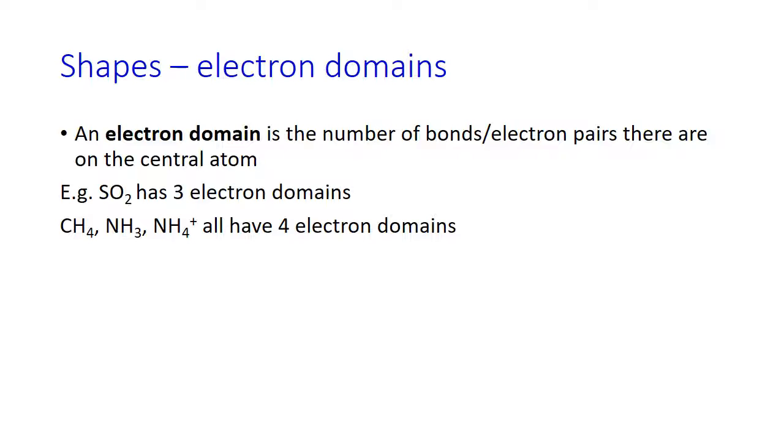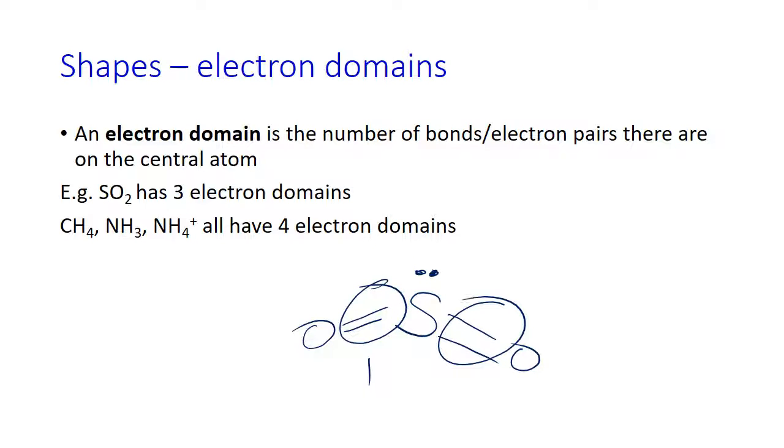Shapes are based on electron domains. An electron domain is basically the number of electron pairs, whether they be bonding or non-bonding, on a central atom. The example I provided here is sulfur dioxide, which has 3 electron domains. Sulfur is the central atom: this is domain number 1, this is domain number 2, and the non-bonding pair is domain number 3.